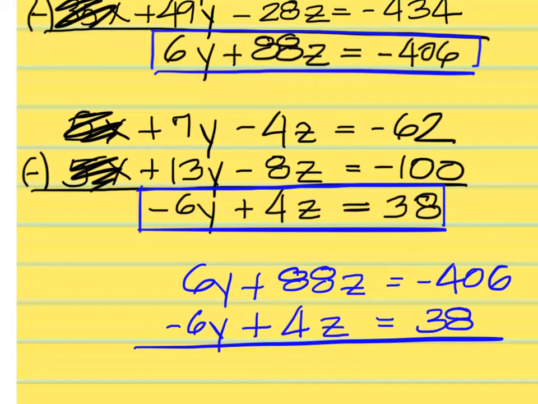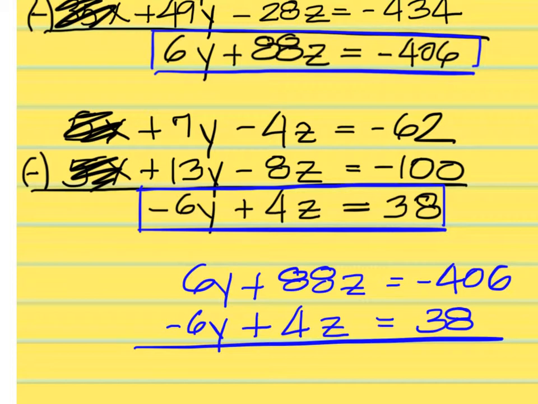Now, to eliminate the y's in this, you would have to find something that would make them both the same number, like we did with the 7 and the 5 to make them 35. However, in this case, you have a positive 6 and a negative 6. There's no need to change anything.